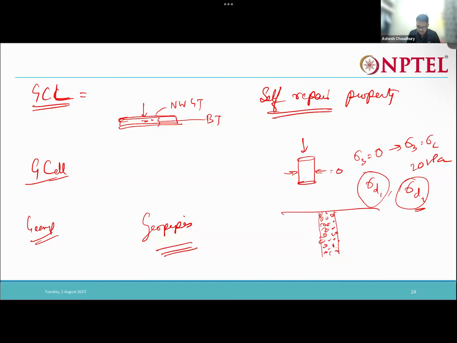If any structure is built over many such stone columns, the settlement will be far lesser if encased stone columns are used. These stone columns are encased with geogrid material, so this is also one of the uses of geogrid material.